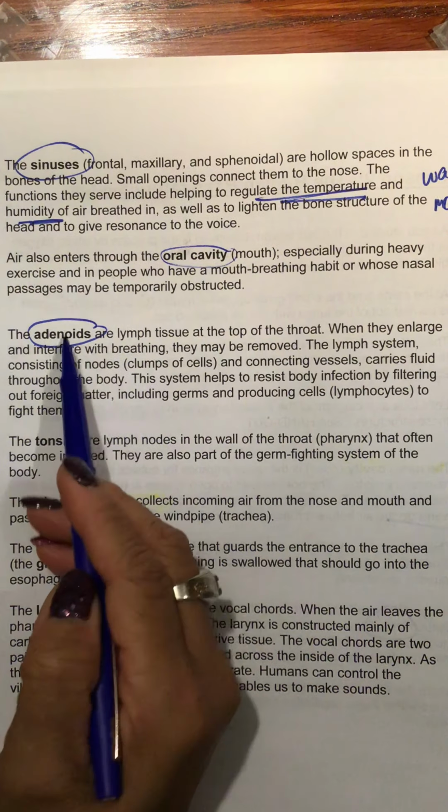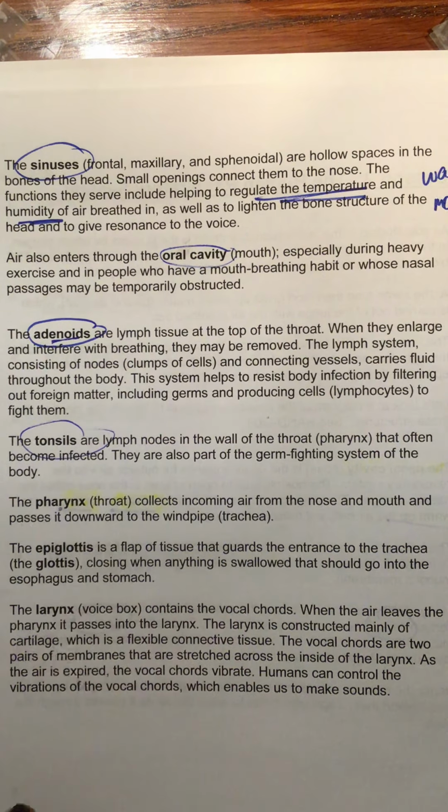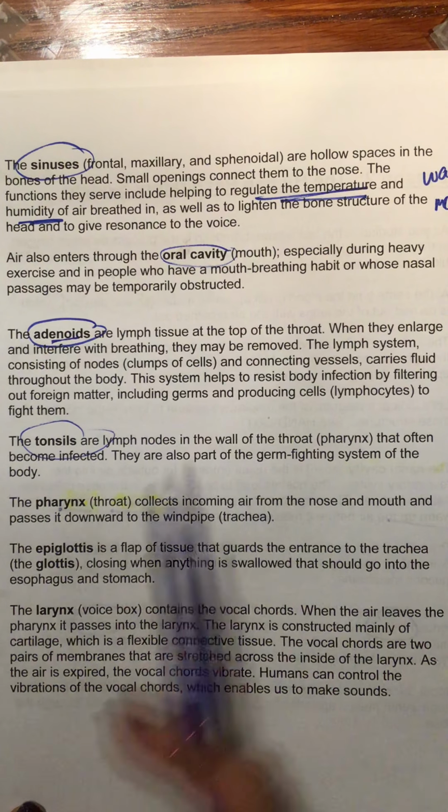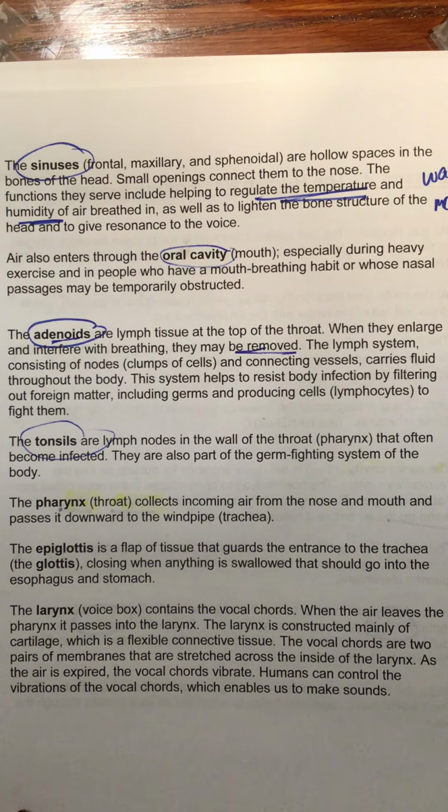They are looking at the adenoids and the tonsils to see if they are infected with something. So when the enlarged adenoids interfere with breathing, they may have to be surgically removed.